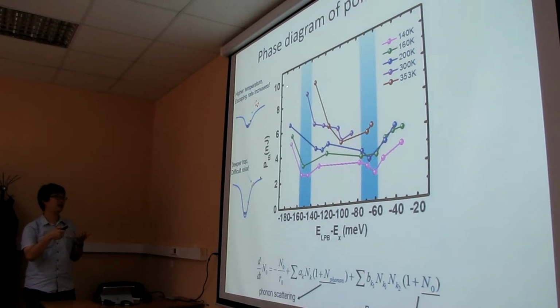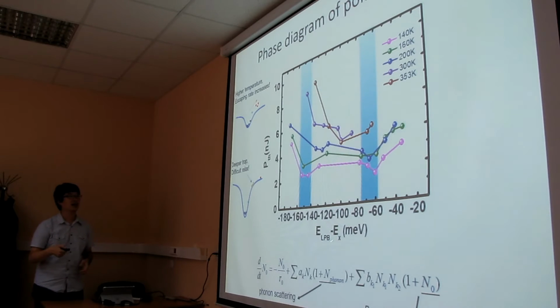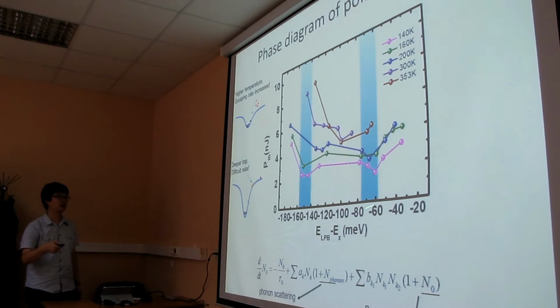So if we have a smaller detuning, the energy trap is not that strong, so the polariton can escape from the energy trap easier. And for a deeper trap, the polariton cannot escape that easily. So the threshold will be much smaller. And as you can see, here are two dips in this phase diagram.